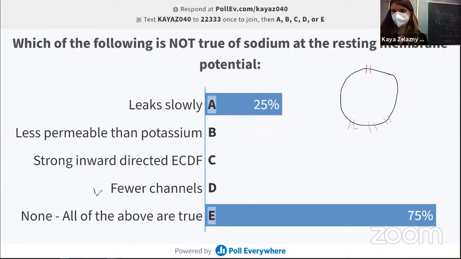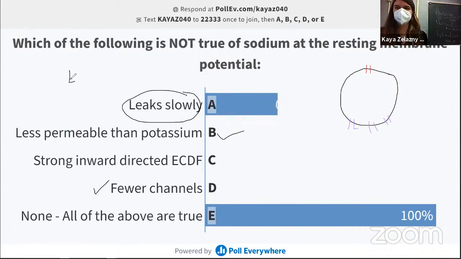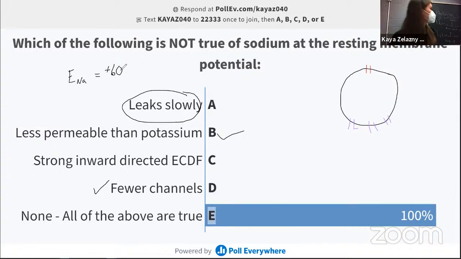So that makes this one and this one true, D and B, which leads to this answer A. Because we don't have too many channels, while we are quite far away from the sodium equilibrium potential, which is like positive 60, even though we're quite far away and sodium really wants to get into that cell, it can't get through, so it moves quite slowly.